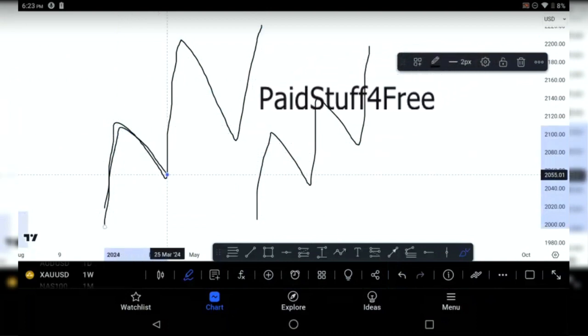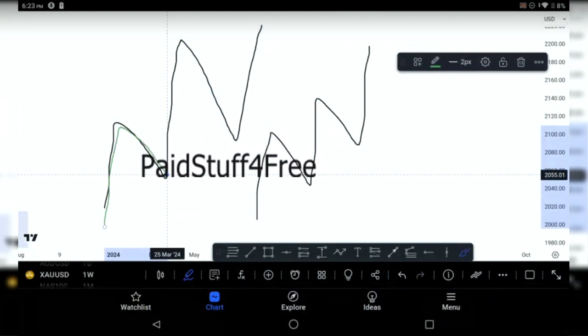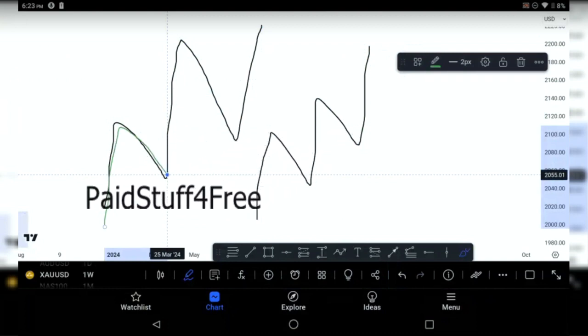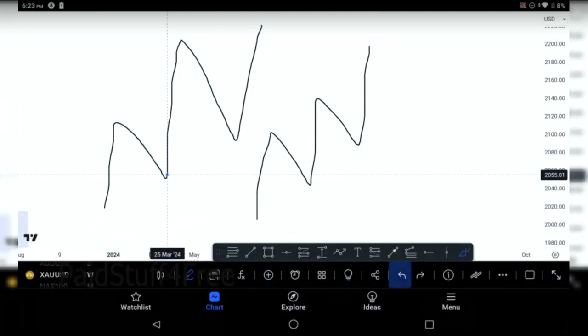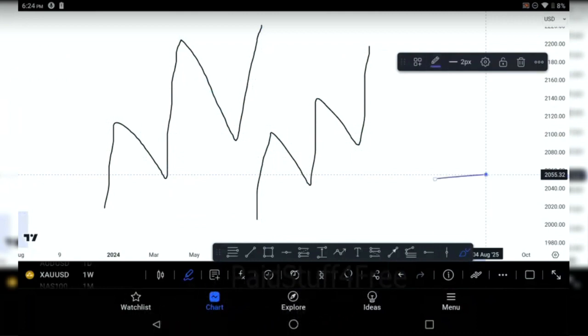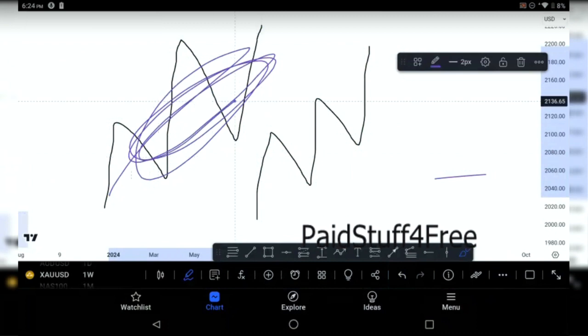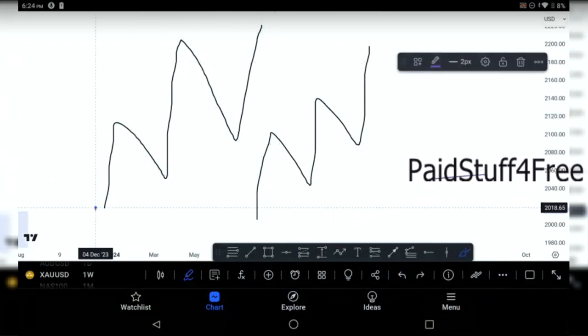But this is how it will be like on a daily time frame. Now, this is our weekly bullish buy. This is how it's going to be on a daily time frame.